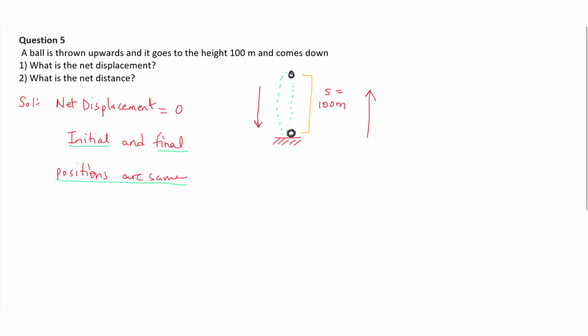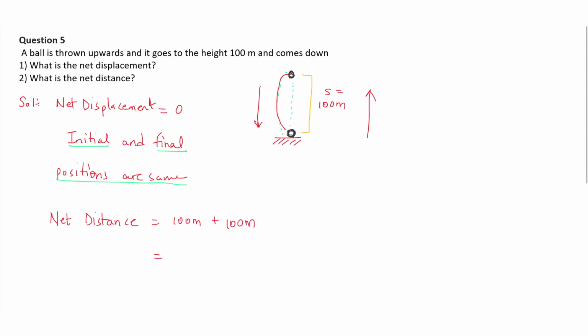Now what will be our net distance? Going from bottom to top to reach some height, it took 100 meter. Then again it will have to come from this 100 meter to this down.